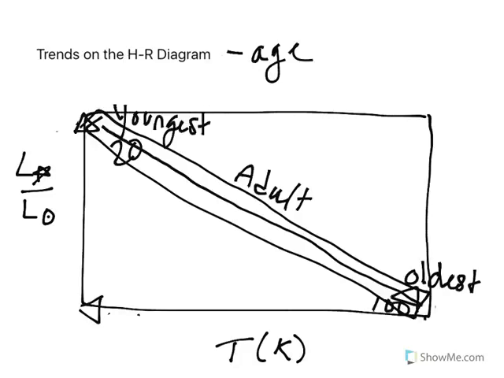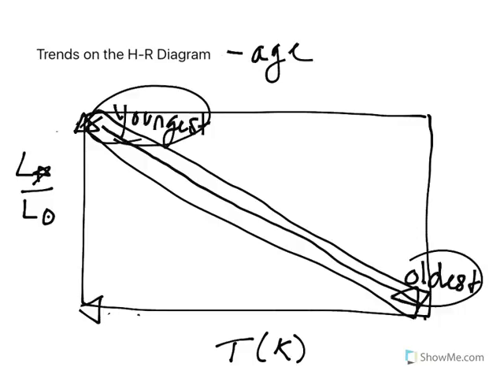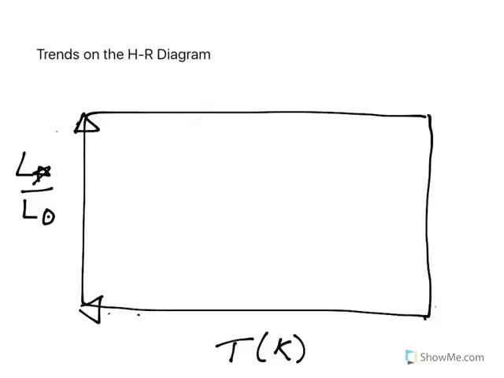So if we compared ages to the ages of adults, a 20-year-old would be a young adult, and a 100-year-old would be an old adult. The youngest fully developed normal stars are at the upper left, and the oldest fully developed normal stars are down at the bottom right. So let's look at an HR diagram from your textbook.